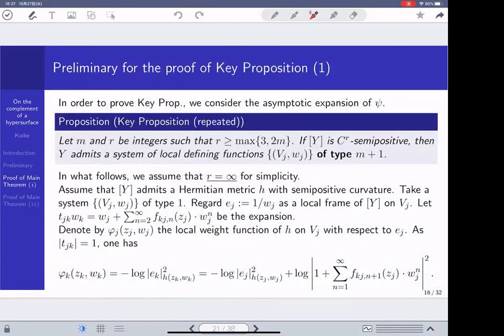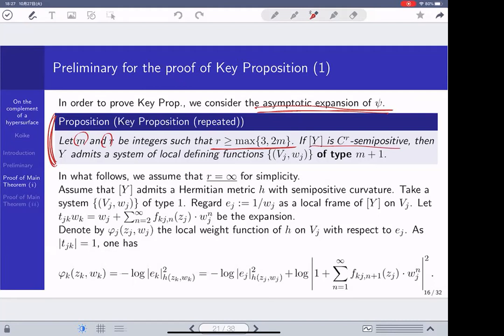Okay, so preparing for the proof of the key proposition, we first consider the asymptotic expansion of psi. The goal of this key proposition: let m and r be integers such that r is larger than or equal to this one, and assume that Y is semi-positive.